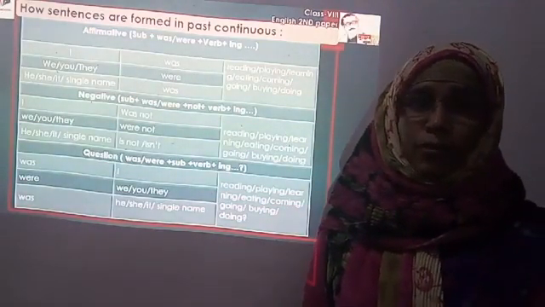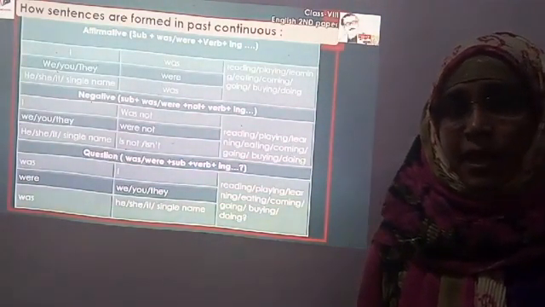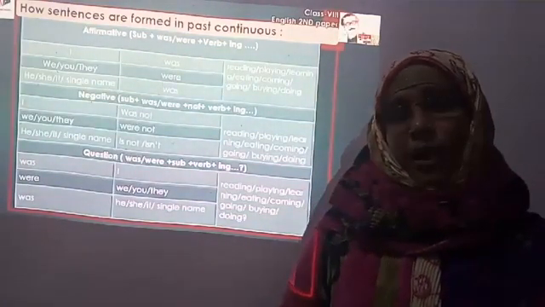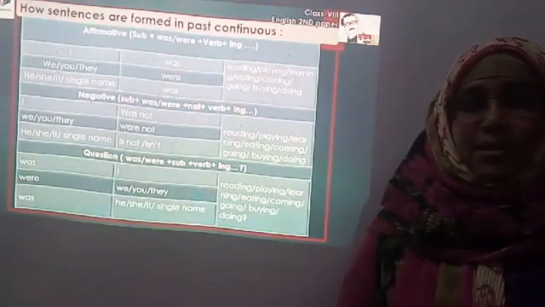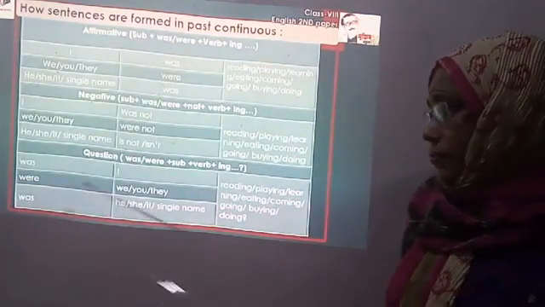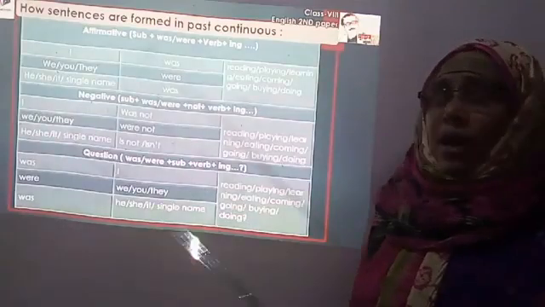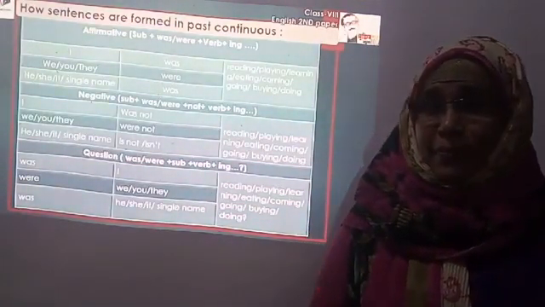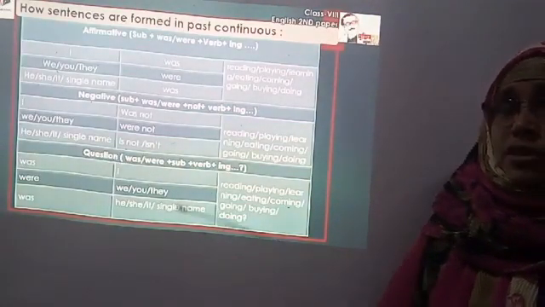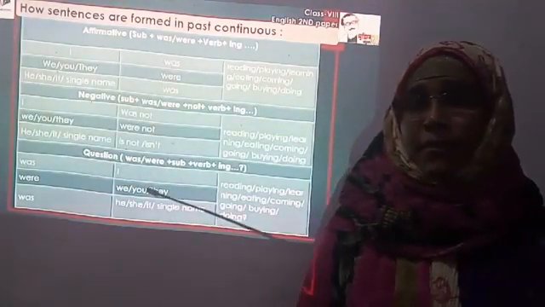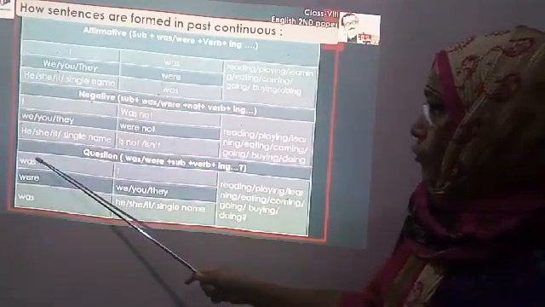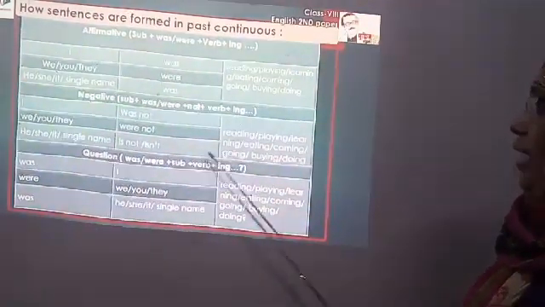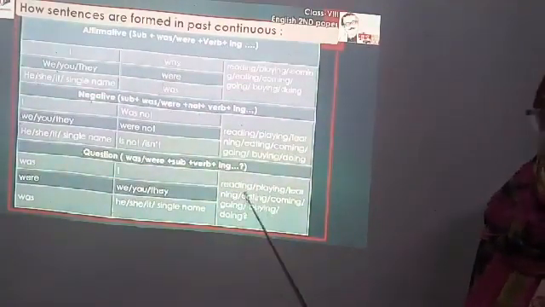Generally we start sentences with the subject, but in an interrogative sentence, we have to start the sentence with was or were, the auxiliary verb, if it is a yes/no question. If it is a WH question, the WH word will be at the beginning of the sentence. So was or were at the beginning, then the subject, then the verb with -ing.